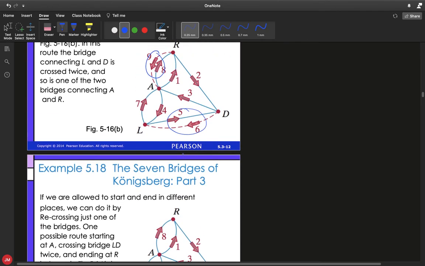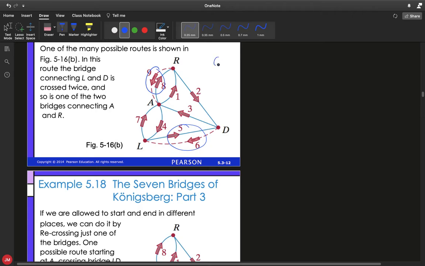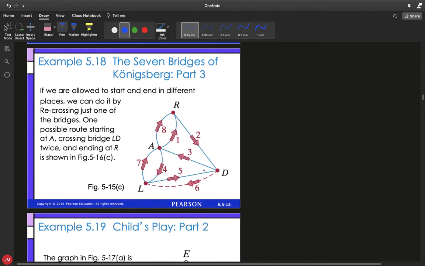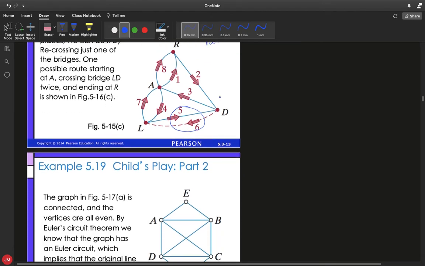But that would be really helpful if it was a circuit, because we do start and end at A. So this would be for an Euler circuit, but really we were just interested in an Euler path. And for an Euler path, it's even easier. We only have to cross one bridge twice. It's kind of a nice difference between a path and a circuit. Obviously, circuits are a little bit more difficult because you have to start and end at the same spot. Paths are a little bit more open.